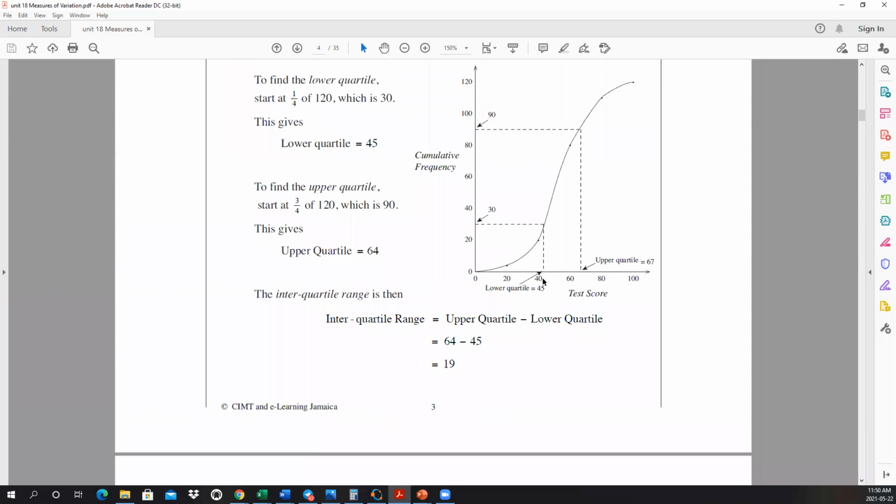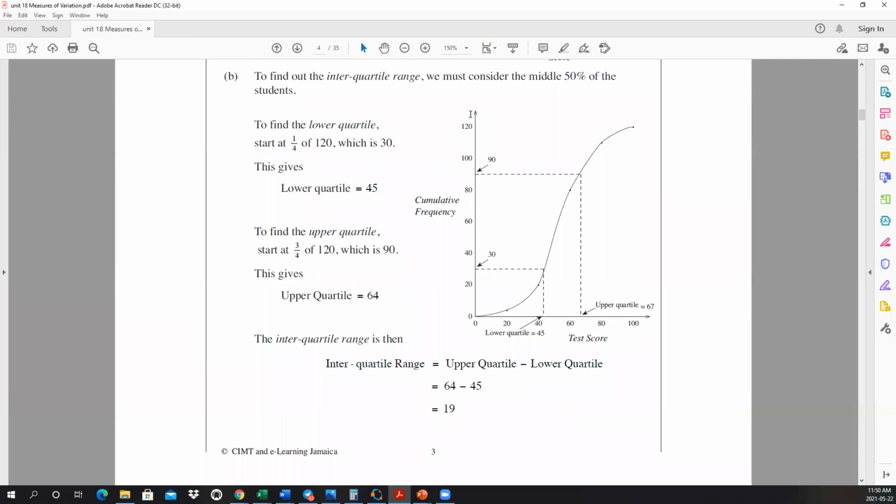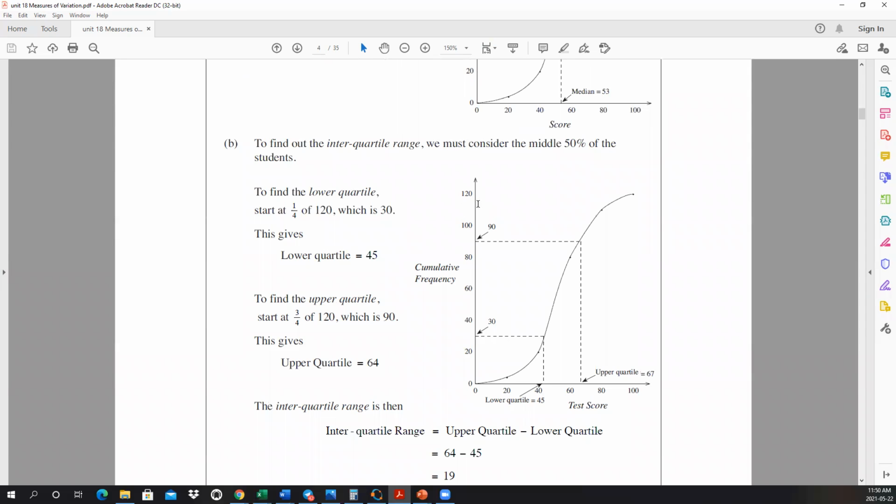So it's referring to the score here. So check this out. They go here, you find the 30, you take a quarter, then you go to the line and you go down and you get 45. Then the upper quartile, look at the top 25% or the top quarter. So that will carry it to 90.